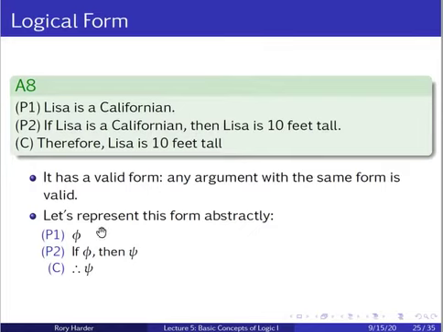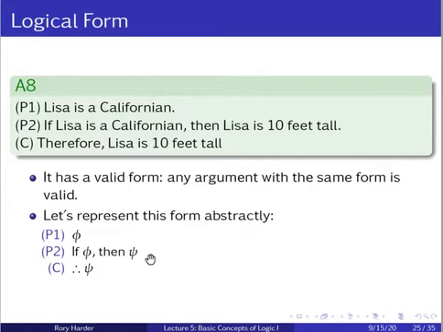But what's important is that what I'm trying to get at here by using these Greek letters is that no matter which particular sentences you slot in for the phis and the psis here, you will get an argument which is valid. And in that sense, when we use these variables, phi and psi, in this argument here, we represent the form that a whole bunch of different arguments can take.